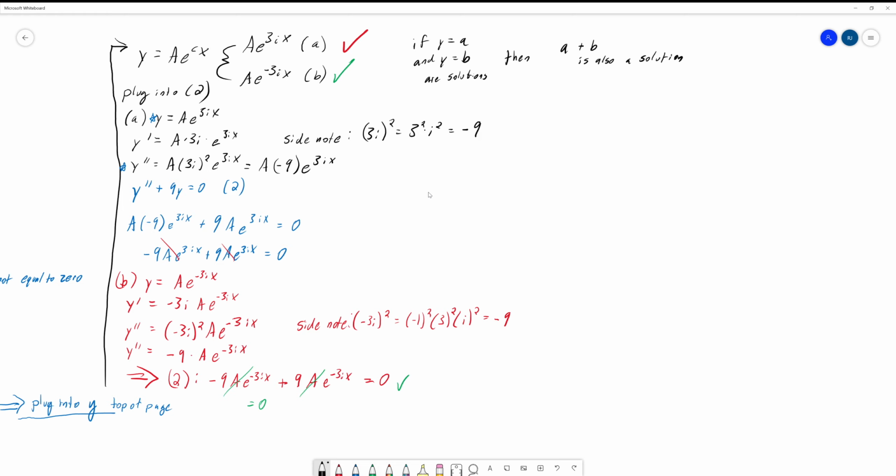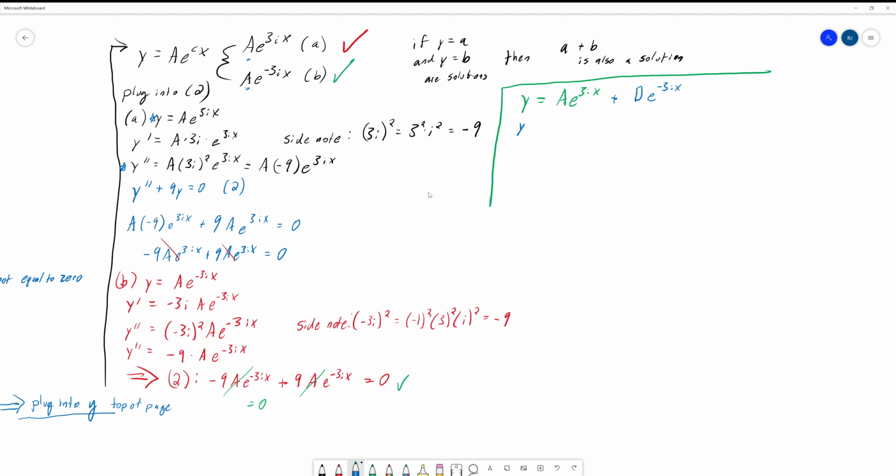And we can show that. This is a little bit of a tedious thing to do, but it's good to do just once. So why don't we say y equals a e to the 3ix, and then I'll do a different color here just for cleanness, plus, I don't want to say a here again because it doesn't really have to be the same constant, so let's just say plus d e to the minus 3ix.